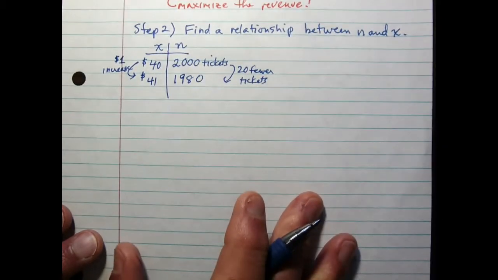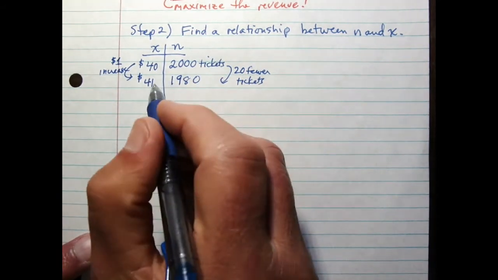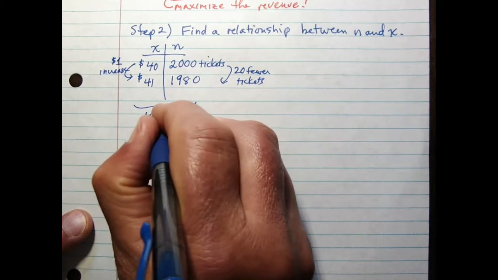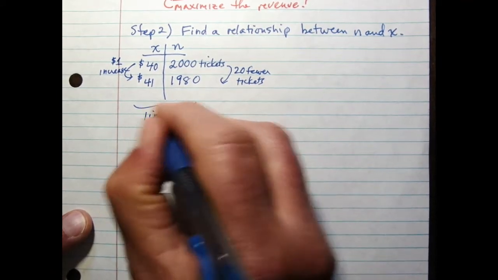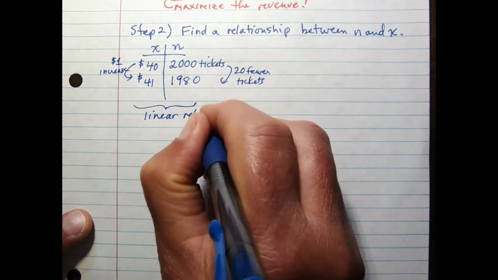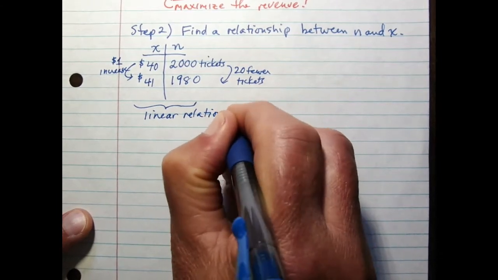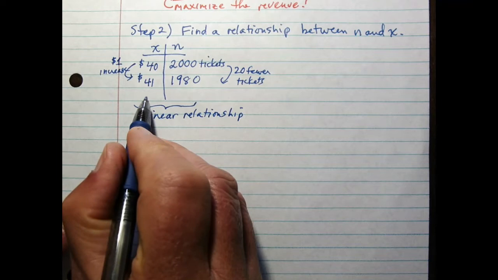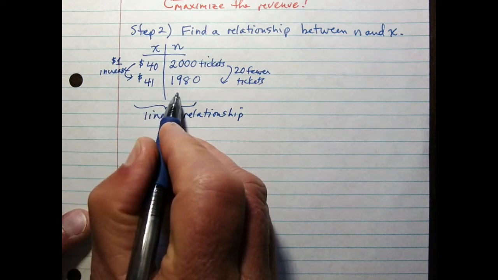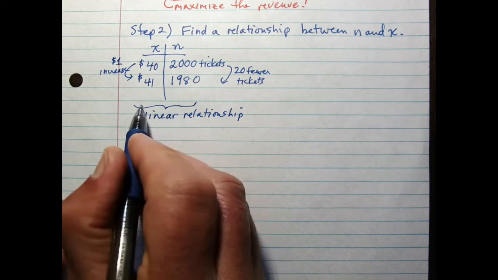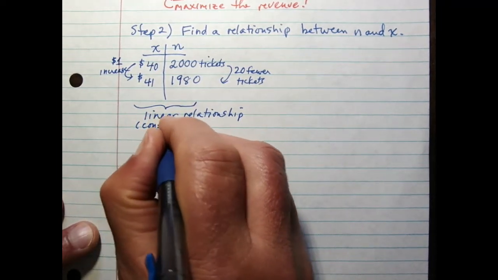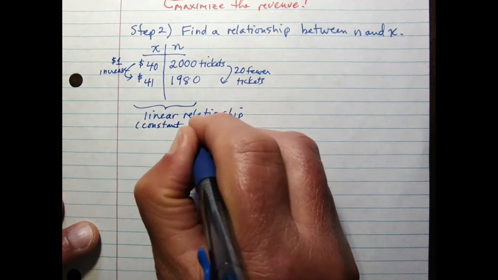So that relationship between x and n is a linear relationship. Because if I added another dollar increase, the value of n would go down by 20 tickets. It's like we have a constant rate of change here. We've talked about constant rate of change earlier.